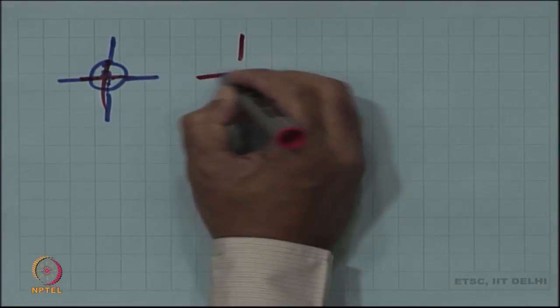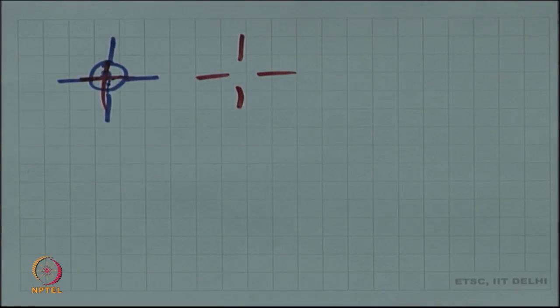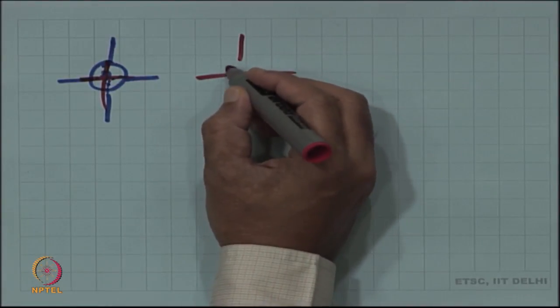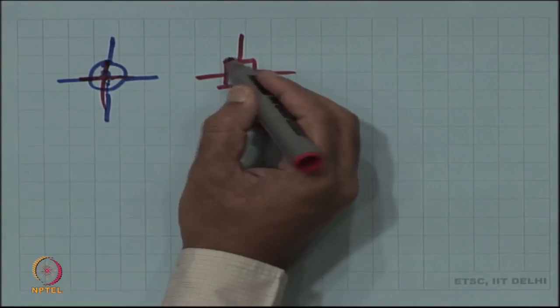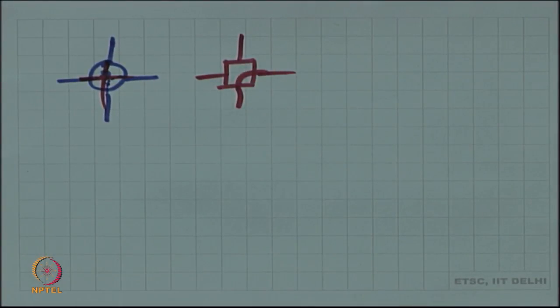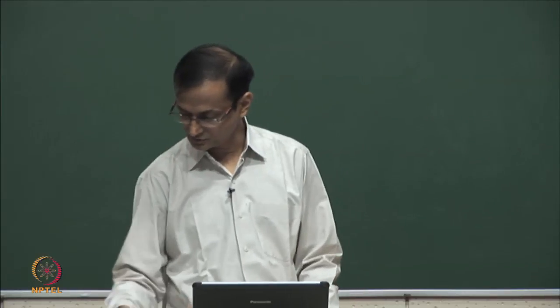An interconnection fabric might actually look like this. So, while this box is there, you could realize any kind of connection. Maybe you do this and you just leave these two unconnected. So, that is the kind of programming that could be achieved by this kind of a structure. How would you do this?